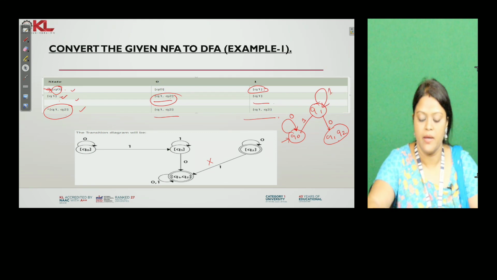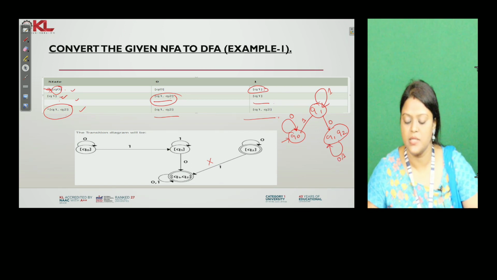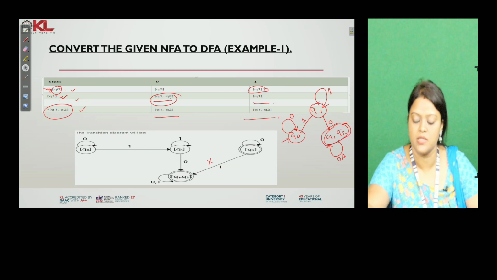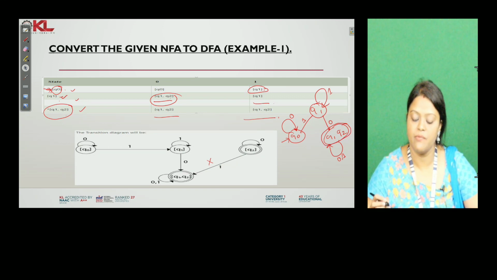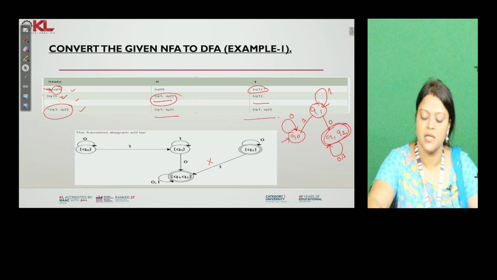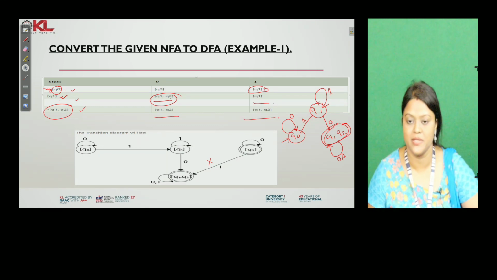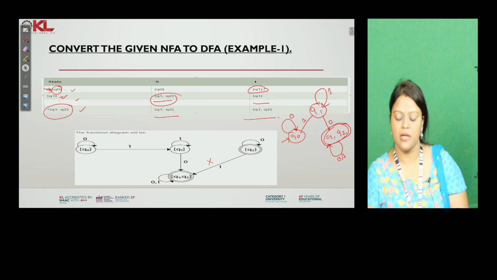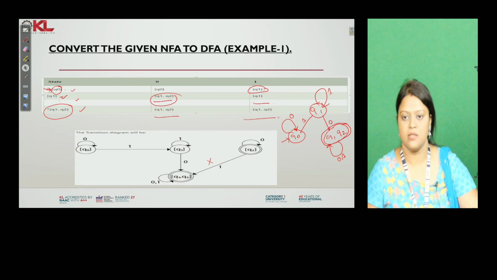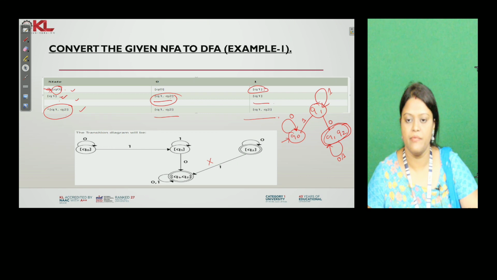From Q1 Q2 we go to itself, Q1 and Q2. This is our final state because it contains Q2, and for each state both transitions are written. In this way we can convert an NFA to a DFA.